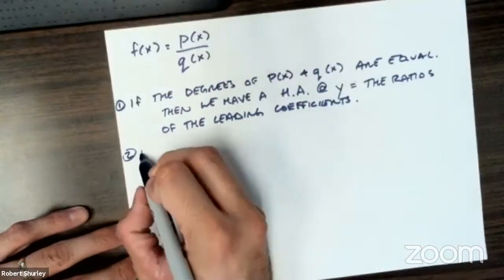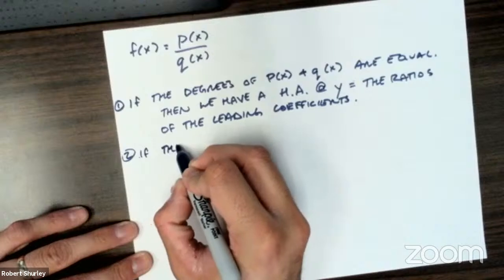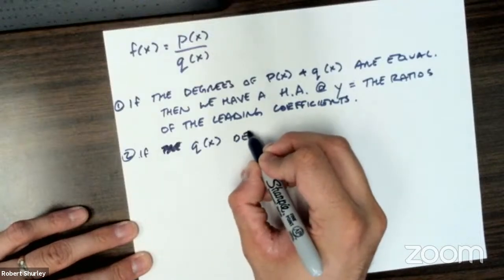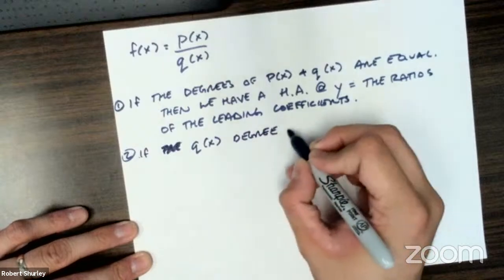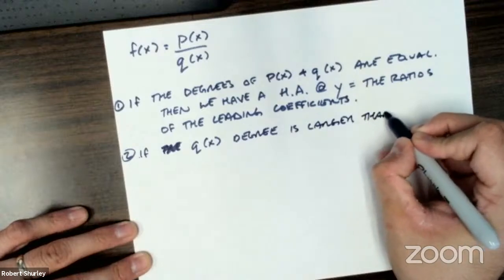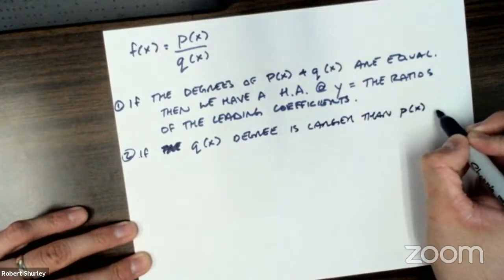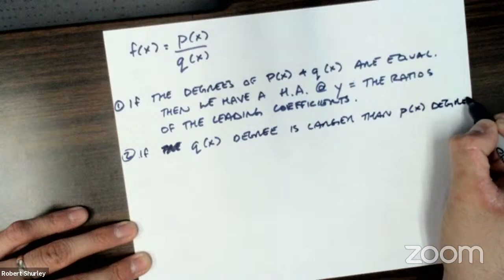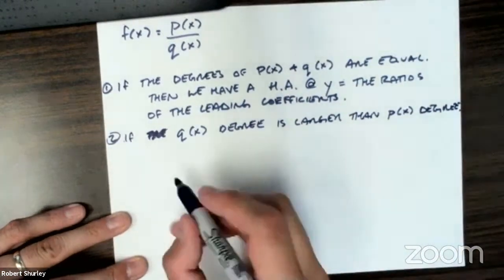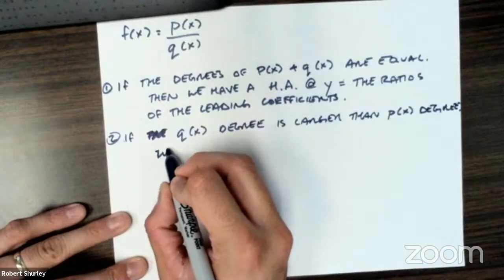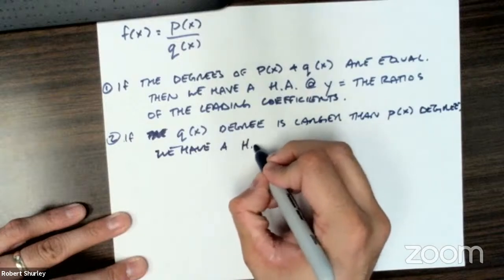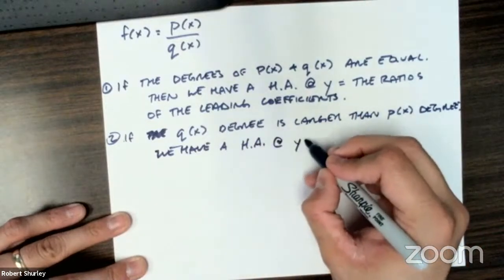The second thing that can happen is, we'll start it this way, if Q of x's degree is larger than P of x's degree, we have a horizontal asymptote at y equals 0.